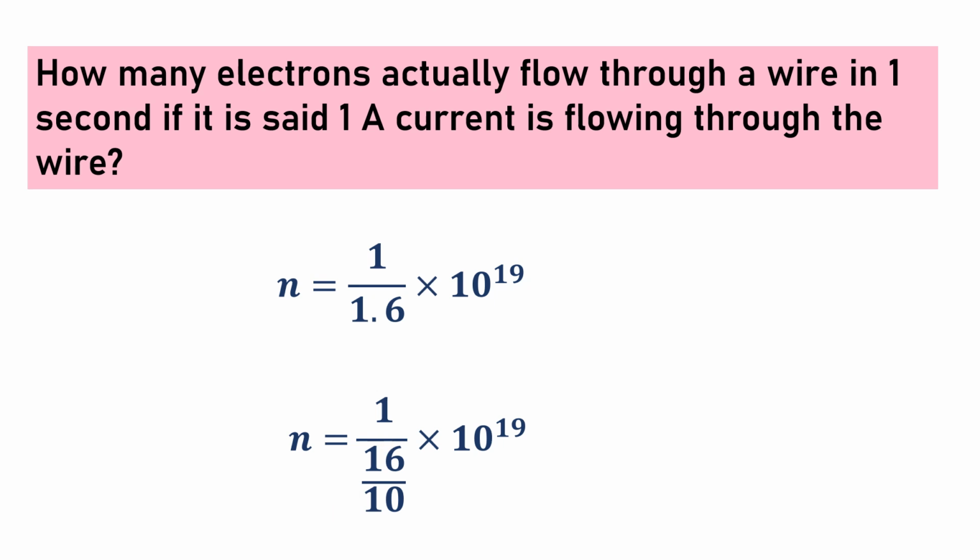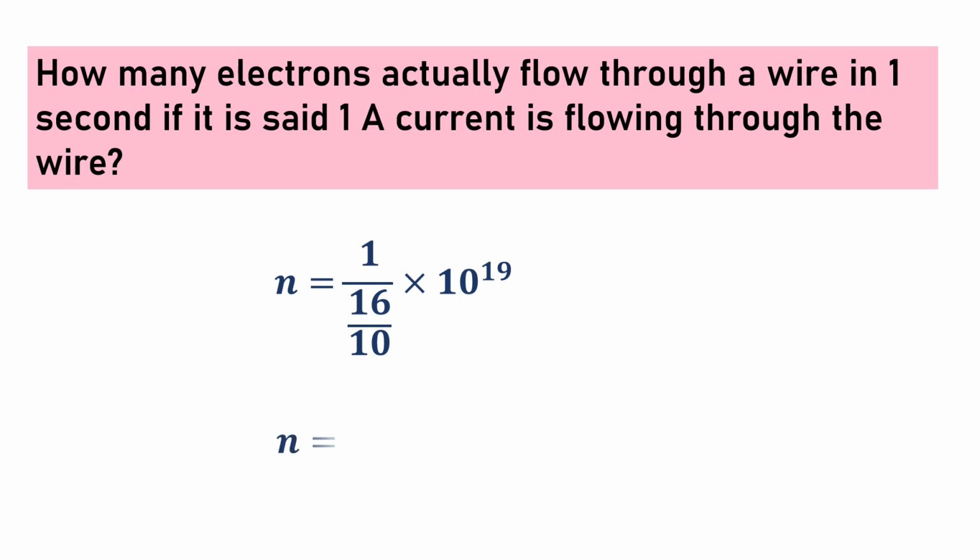According to fraction division, 1 divided by 16 by 10 will become 1 multiplied by 10 by 16, the reciprocal of it. So 16 by 10 becomes 10 by 16. I have already multiplied 1 here and not written that. Alright, and 10 to the power 19 is as it is.